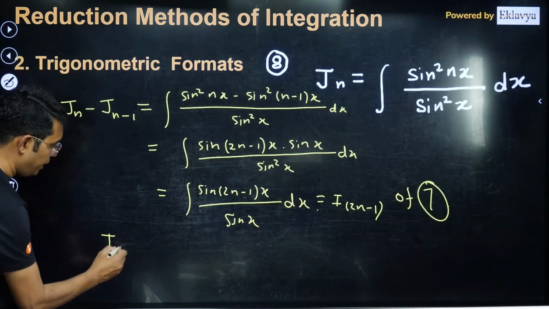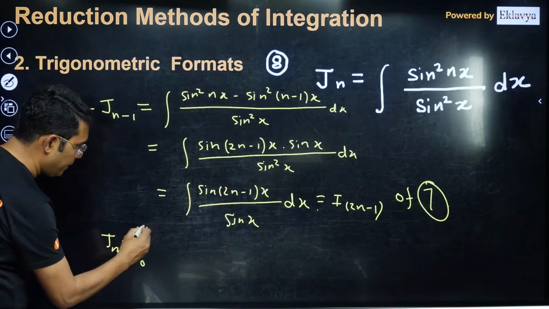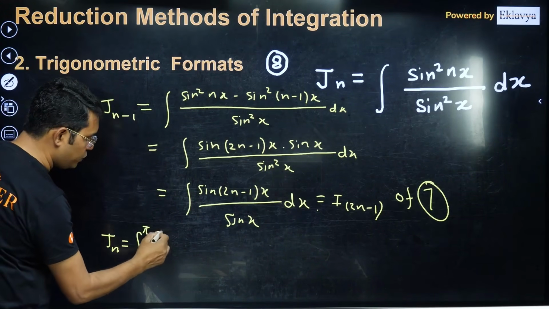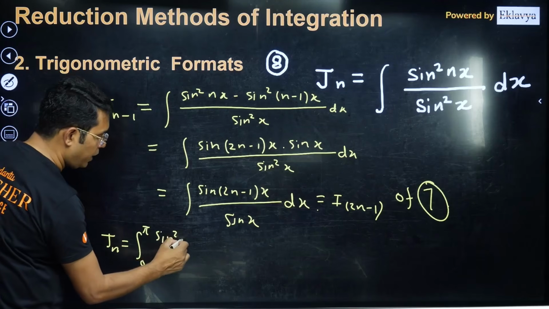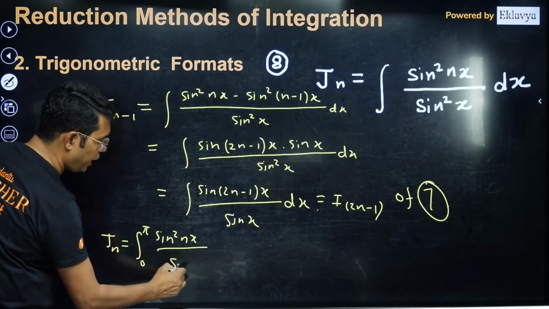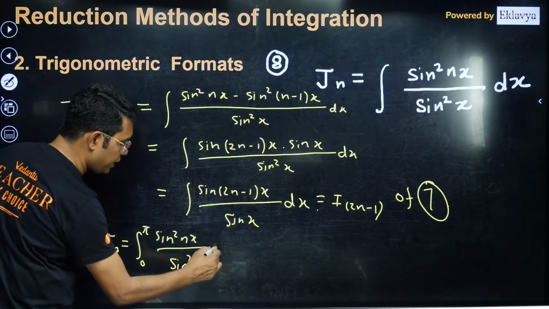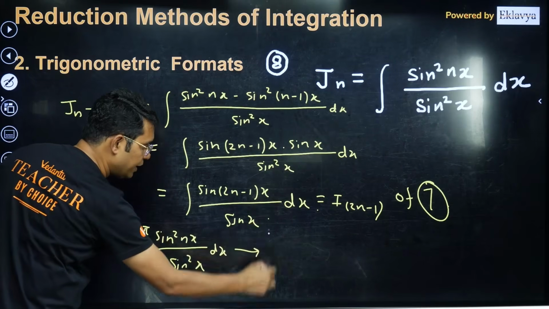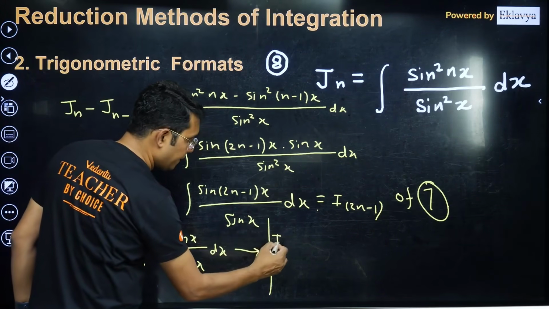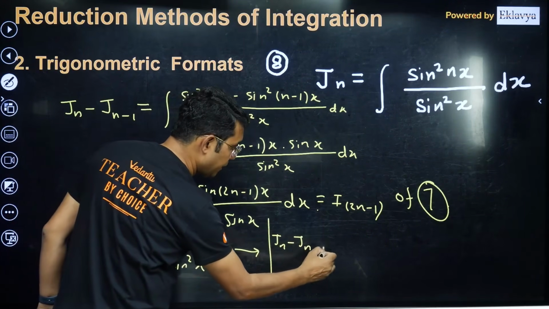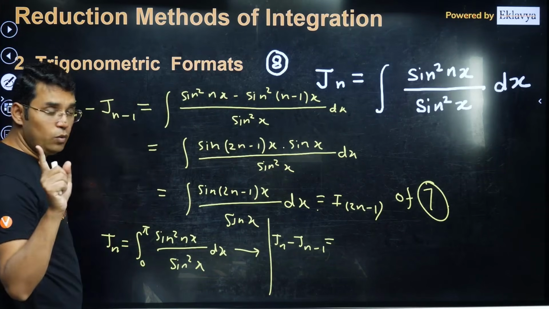In fact, if we are given Jn from 0 to pi, sine square nx upon sine square x dx, in this case you can very easily see Jn minus Jn minus 1. Here the gap is of 1 only, not 2.